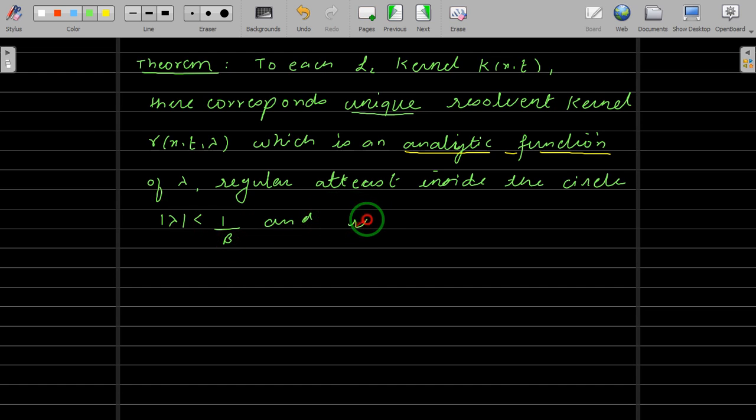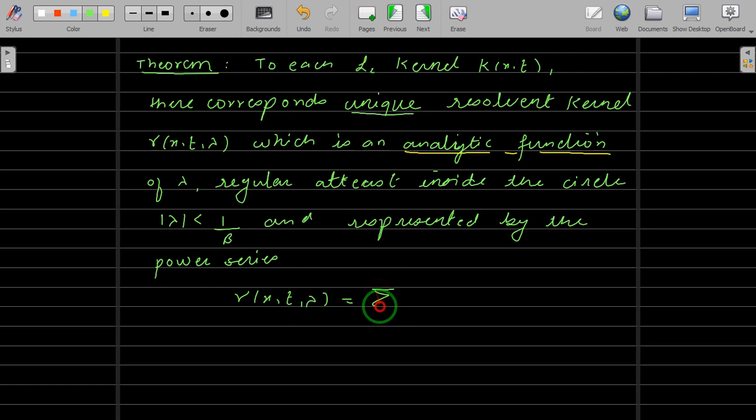and represented by the power series gamma(x, t, lambda) equals summation i from 1 to infinity lambda raised to i minus 1 k_i(x, t).